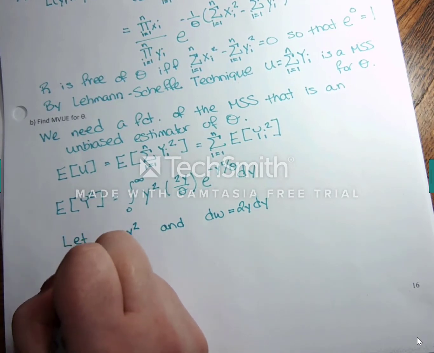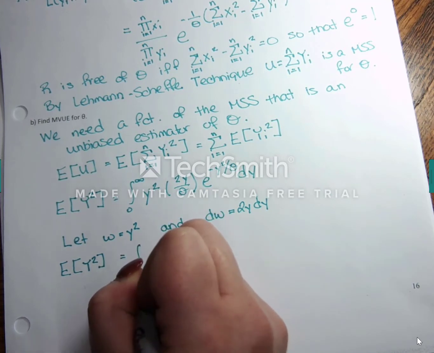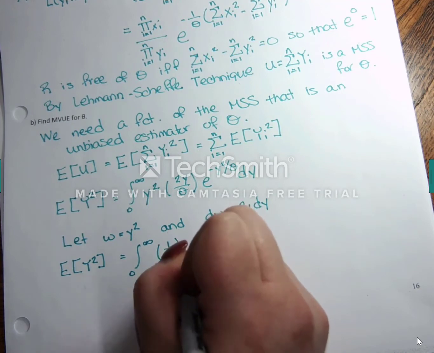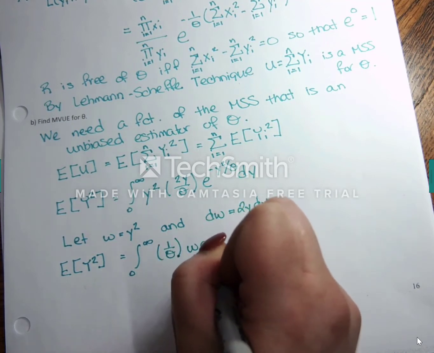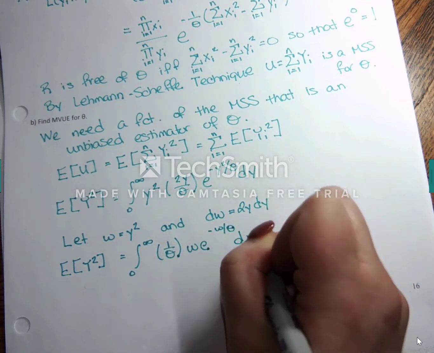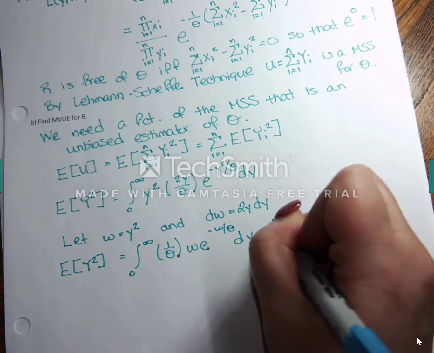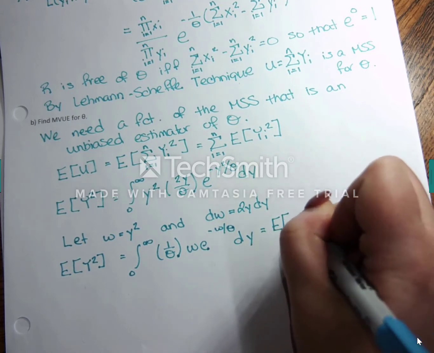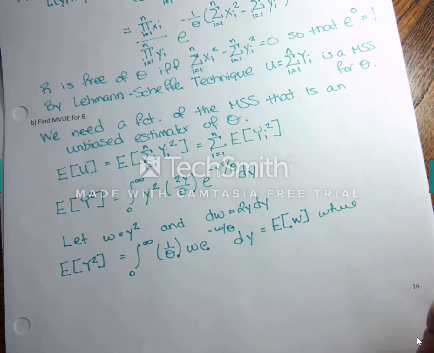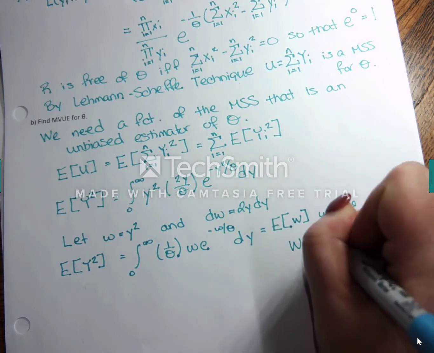And in this case, we now have the expected value of y squared is equal to the integral from 0 to infinity of 1 over theta w e to the negative w over theta dw, which is equal to the expected value of w, where w is exponential.